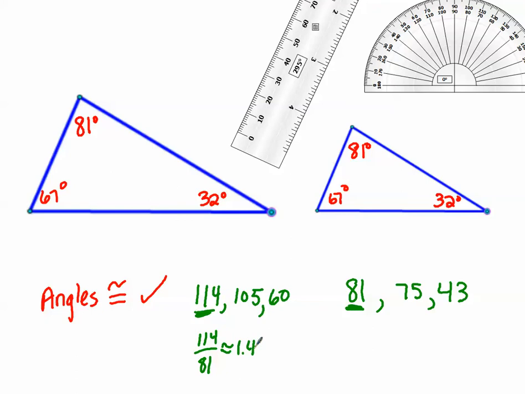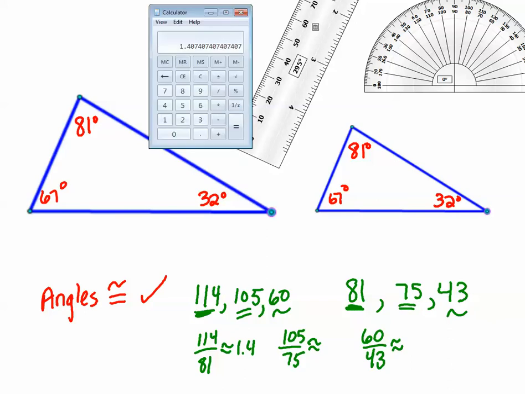Okay, let's take the two medium size now, 105 divided by 75. And while we're at it, since we're calculating, let's go ahead and write down the short sides too. So we'll figure out what this one equals, and 60 divided by 43, those short sides, those corresponding parts. Let's see what they simplify to.